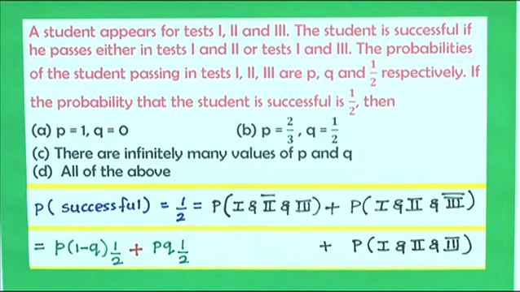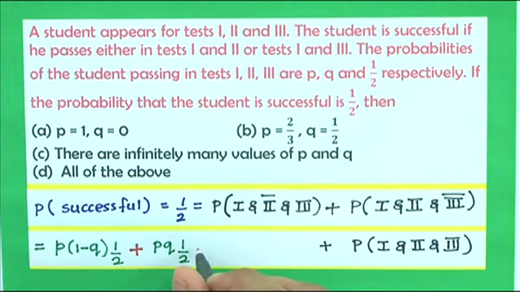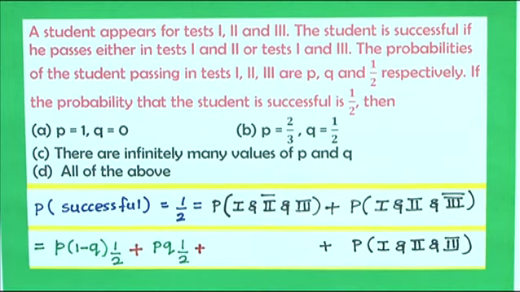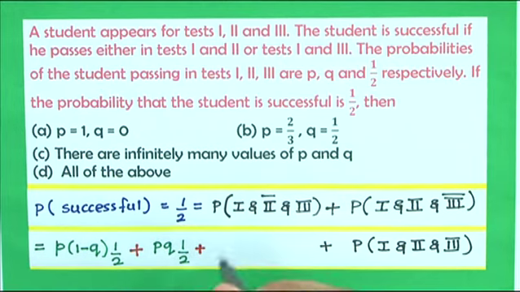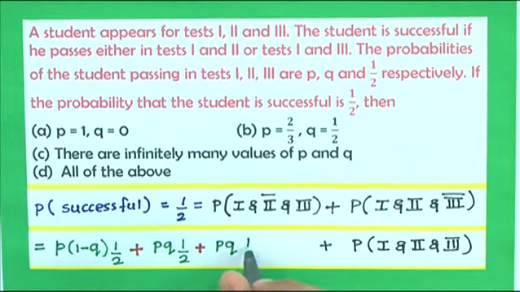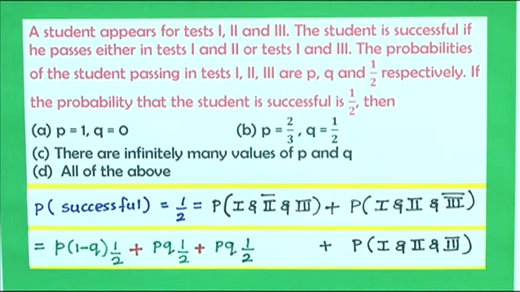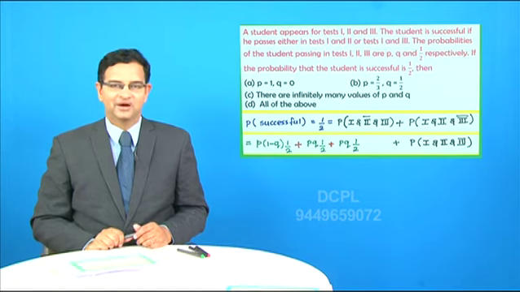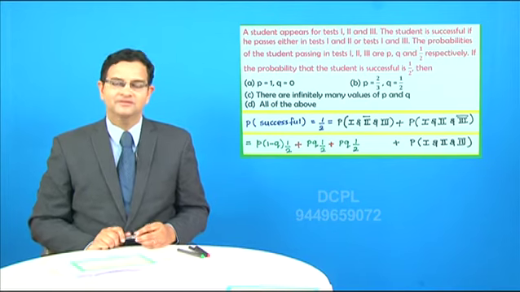Then the final one, that's going to be nothing but passing in all the three tests. So that's nothing but passing in the first test and passing in the second test and passing in the third test. So that's going to be 1 by 2 as well. I hope you have been able to clearly understand how this sum has to be solved till now, dear students. Let us now continue with this particular question.